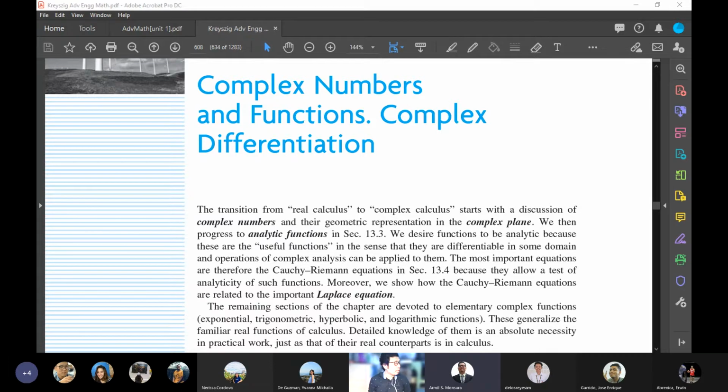Okay. So for today, what we will discuss is complex numbers and functions, and pasensya na kayo kung medyo nasa libro ko pa mismo kukunin yung material. Okay?